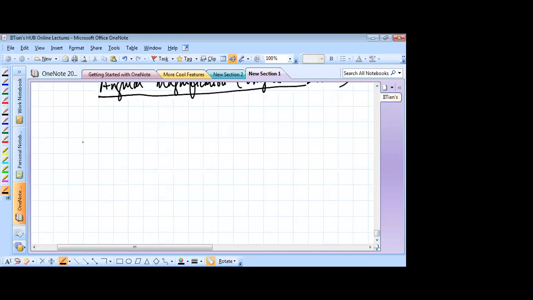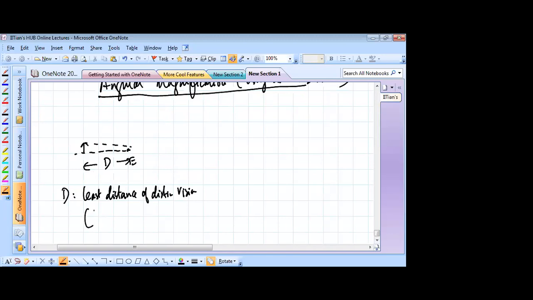Suppose our object is kept at the capital D, which is the least distance of distinct vision. For brevity, this is also called the near point of the eye.